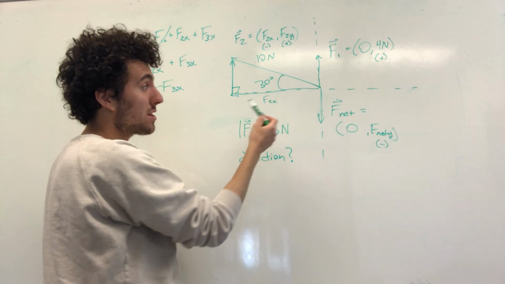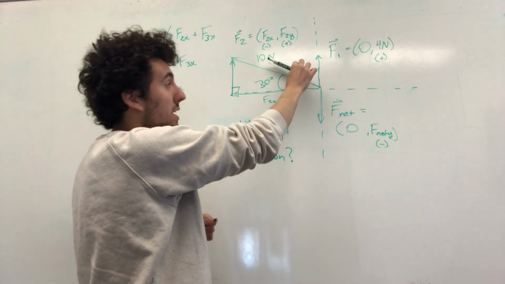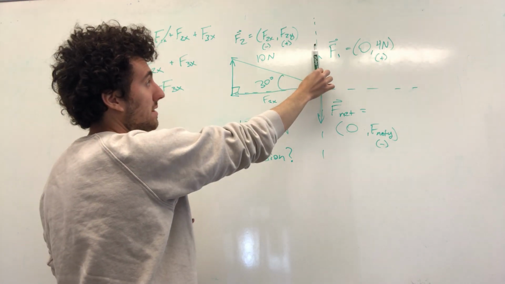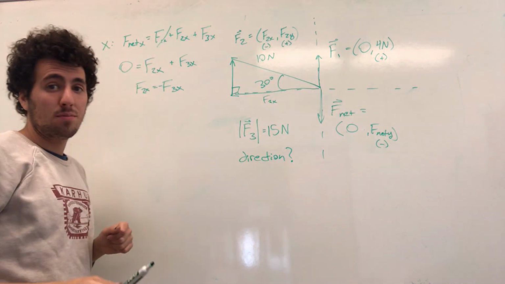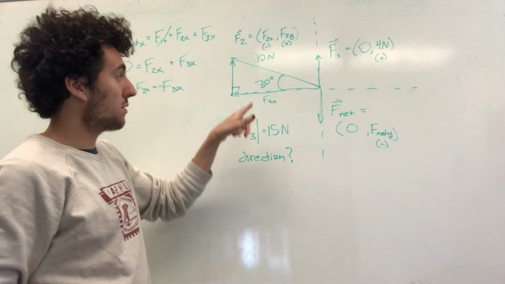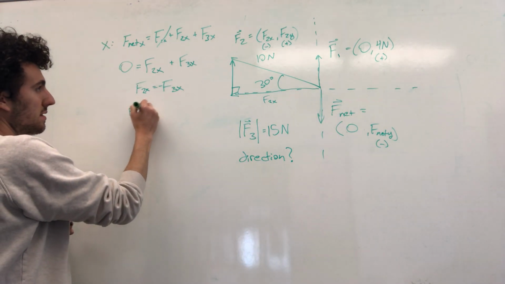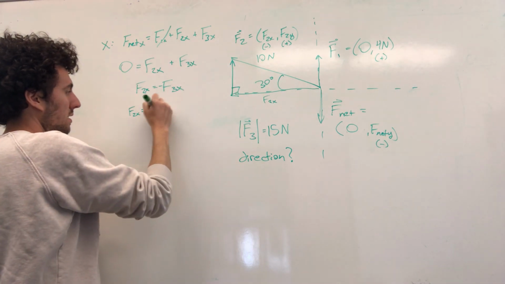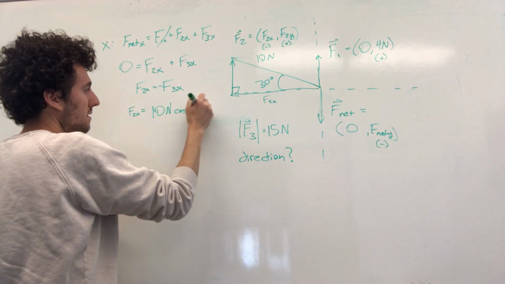It doesn't have to be cosine just because it's x. If we were given this angle here between F2 and the y-axis, we would instead use sine for the x, but we're not. We're given this 30-degree angle, so we'll use cosine. So F2x is equal to 10 newtons times cosine of 30 degrees.